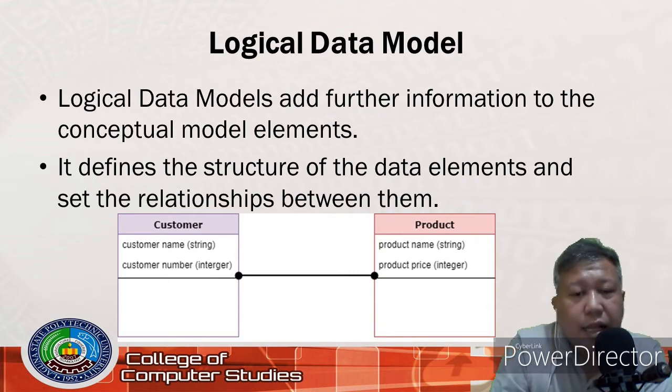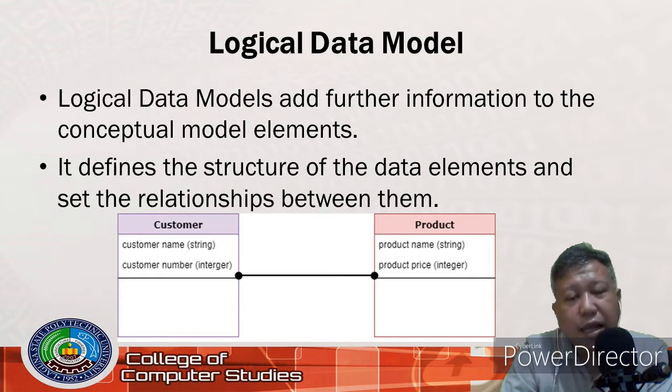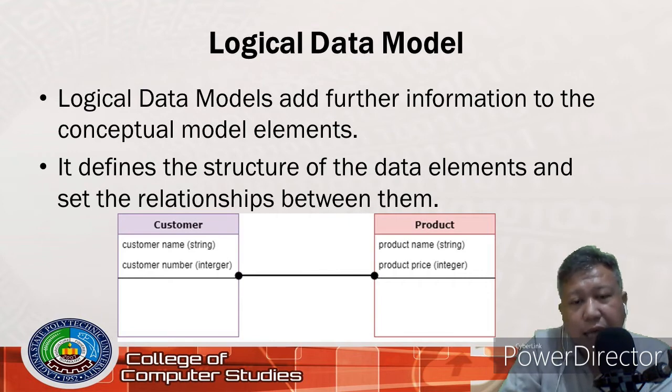Dapat nakalagay na rin dito yung tinatawag na cardinality ng relationship, pero mukhang hindi pa niya inilagay. Ayun, so ang nakita lang natin dito, yung arrowhead ay ginawa ng dot dun sa line connecting customer and product. May kailangan pang ilagay dyan, so hindi pa masyadong kumpleto to, pero malapit na ito na logical data model.